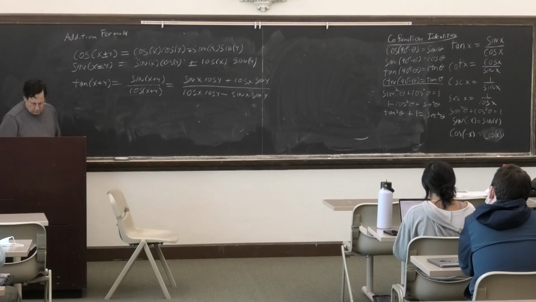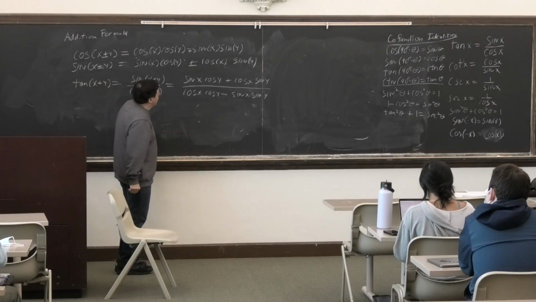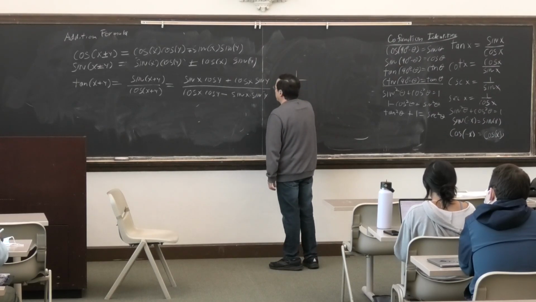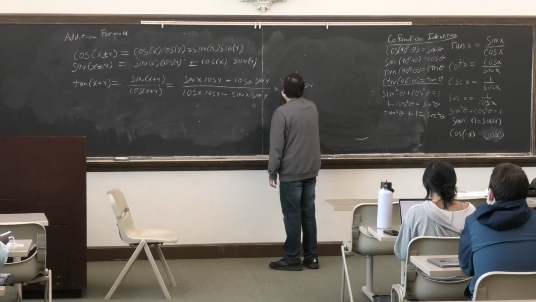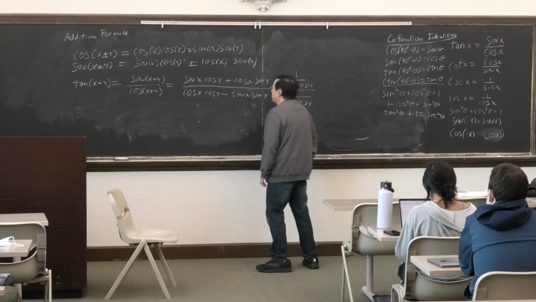But we would like to have that in terms of tangents. So let's multiply that by 1 over cosine x cosine y over 1 over cosine x cosine y.